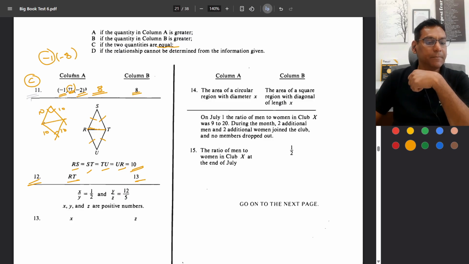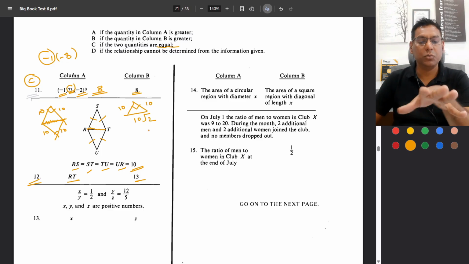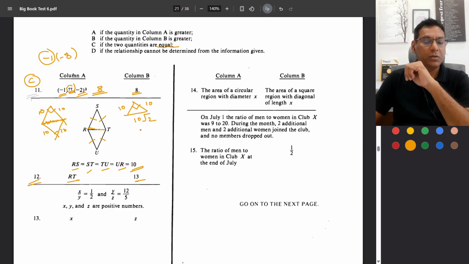In that case, this is going to be a Pythagorean triangle, with 10 and 10, so the diagonal is going to be 10 root 2, where root 2 is 1.4, so this is going to be 14 something. So if I compare, it is going to be answer choice A, because 14 is bigger than 13.